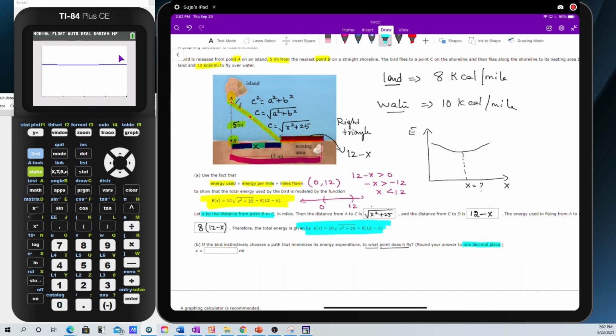Okay, so another way to look for the minimum point very specifically is going to the table. So hit second graph, which will take you to table. And now I'm looking for the smallest y value. So keep going on the right, keep going. I have a 131, 131, 130, 130, 129. It's still decreasing.